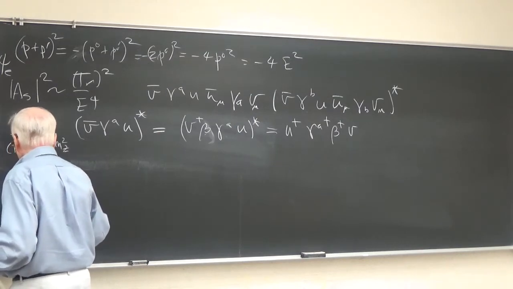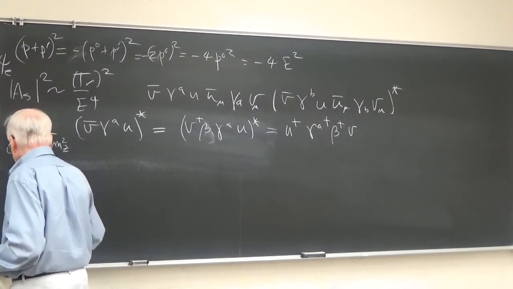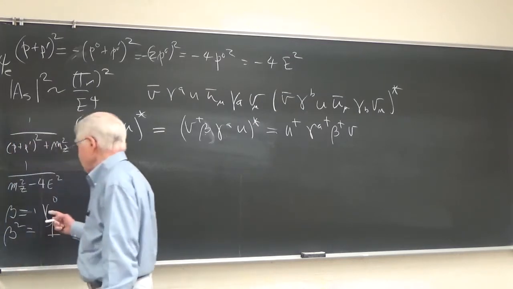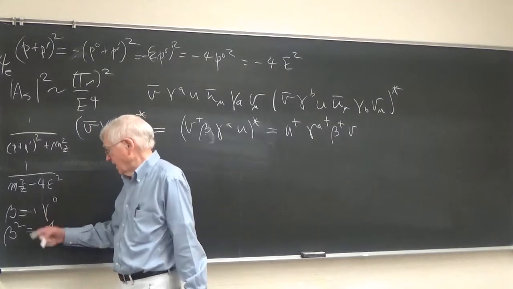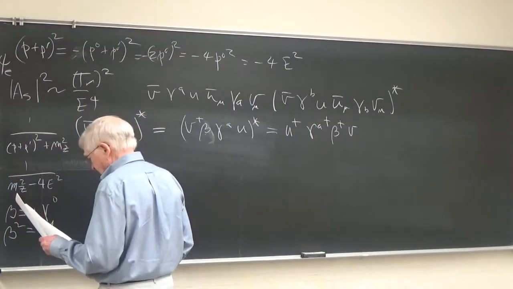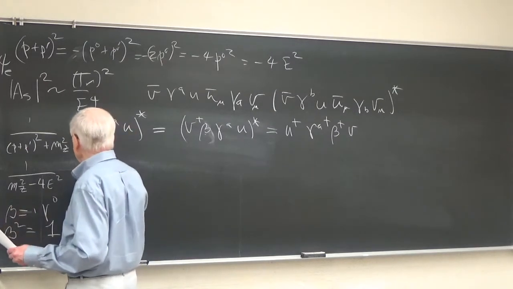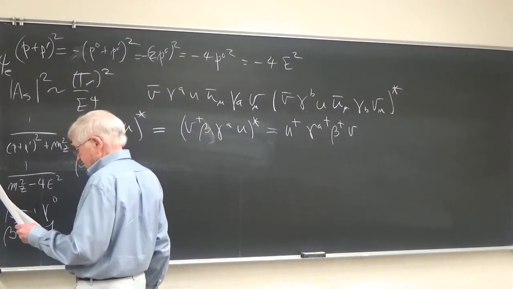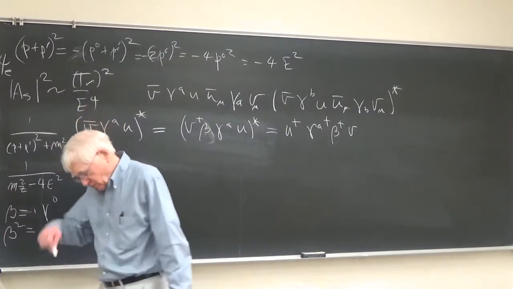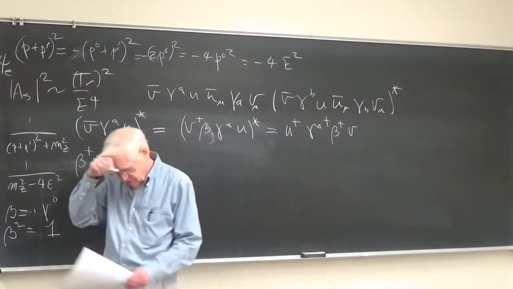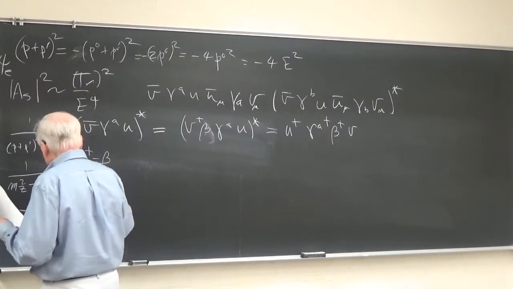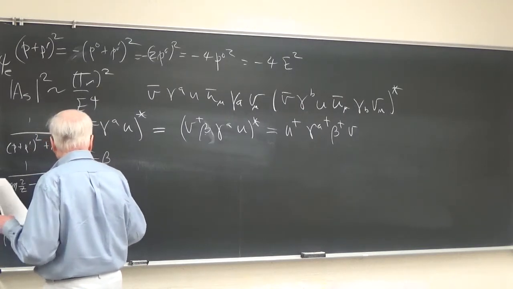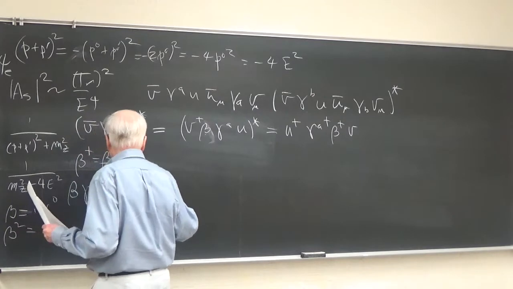Beta is i gamma 0. Beta squared, therefore, is 1, because gamma 0 squared is minus 1, and i squared is minus 1. And moreover, beta is Hermitian. And something that we proved back when we were considering special relativity was that beta gamma A dagger beta is equal to minus gamma A.